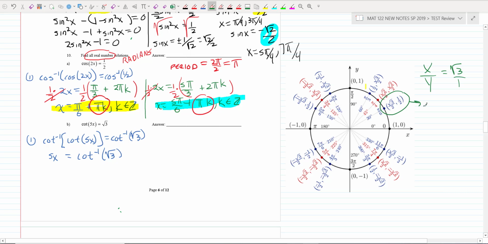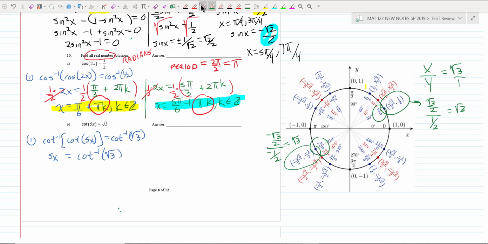It happens here because you would have square root of 3 over 2 over a half, which is square root of 3. So that would be one solution, pi over 6. It also happens here. If you did x over y, you would have negative root 3 over 2 divided by negative 1/2. That also is square root of 3, so it happens there as well.